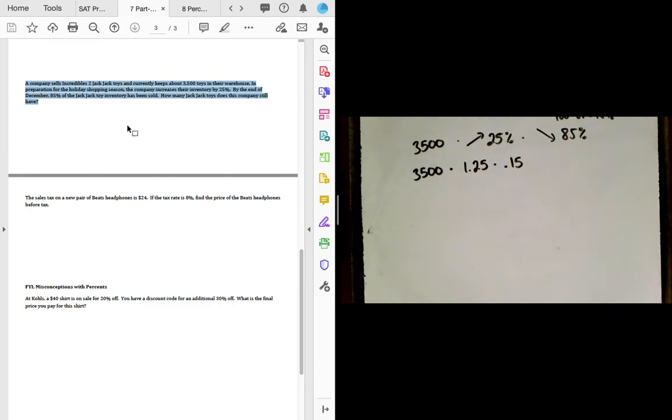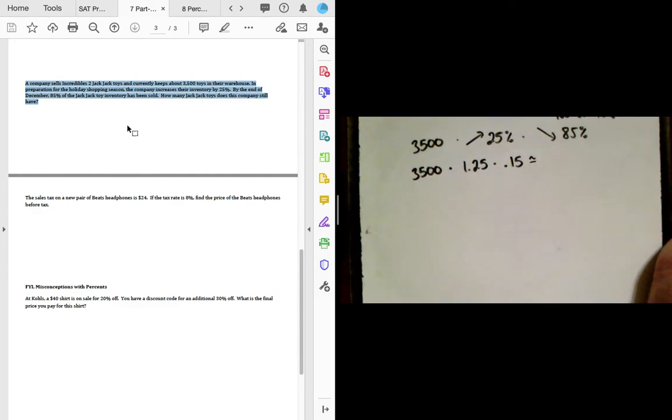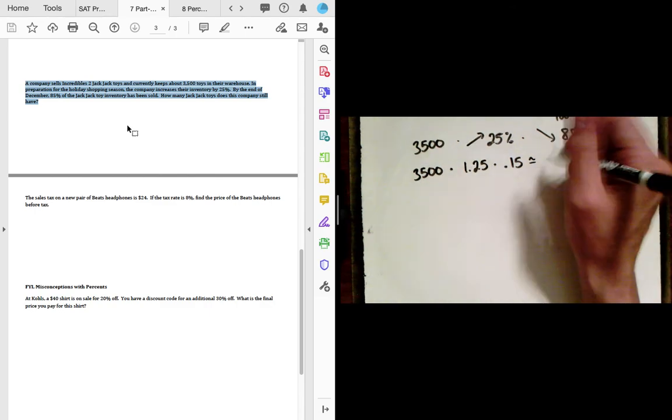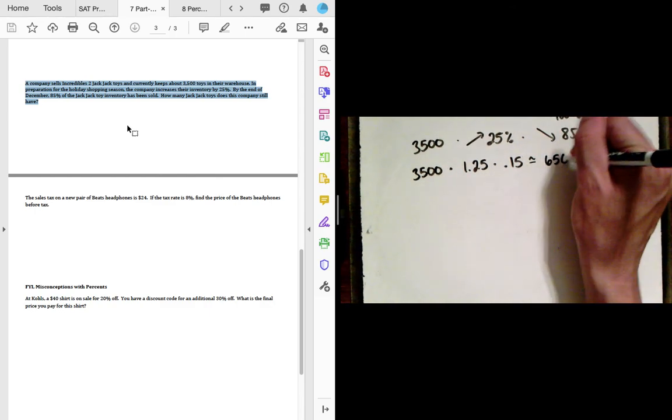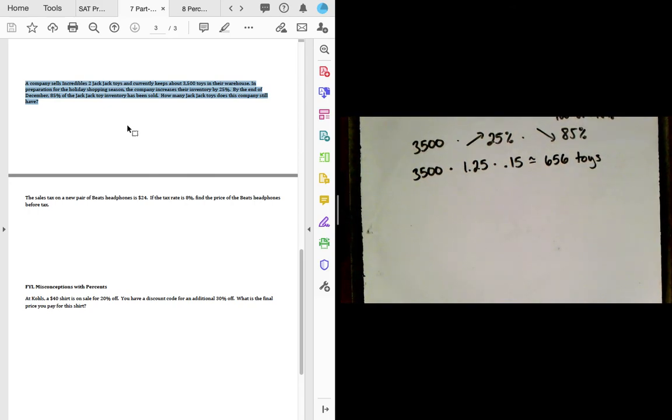I can take care of the original value, the increase of 25%, and the decrease of 85%, all in one calculation. So 3,500 times 1.25 times 0.15 is going to get us back to where we were before. And again, we can't have a quarter of a toy, so we're just going to round this to the nearest toy. 656 toys, just like we got in the last version of this problem, but significantly faster.